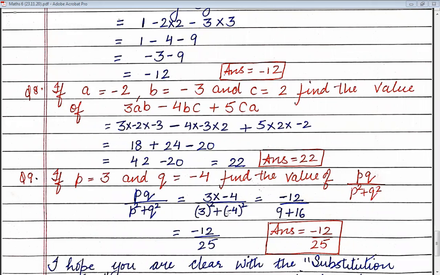So you get this answer as a proper fraction. So let us repeat. The value of the expression PQ divided by P square plus Q square is minus 12 divided by 25 when P is equal to 3 and Q is equal to minus 4.